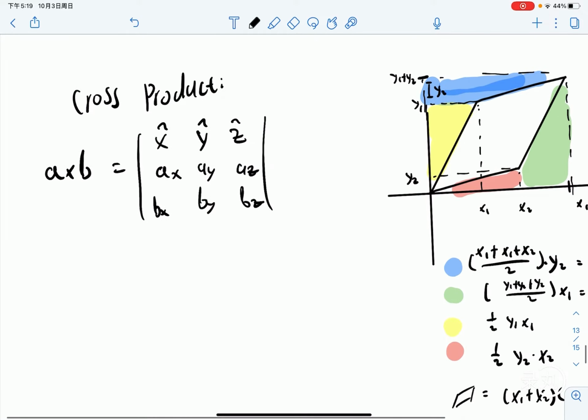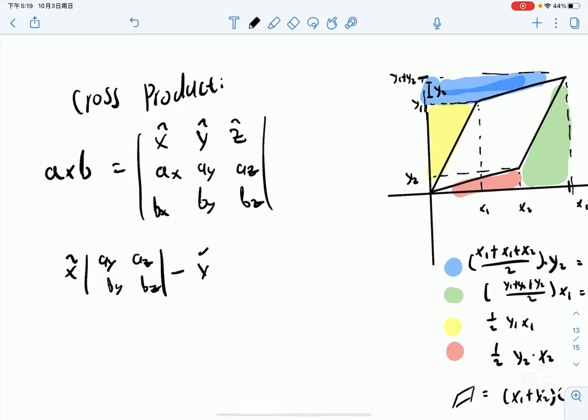The way you evaluate it is x hat times (ay bz minus az by), minus y hat times (ax bz minus az bx), plus z hat times (ax by minus ay bx).